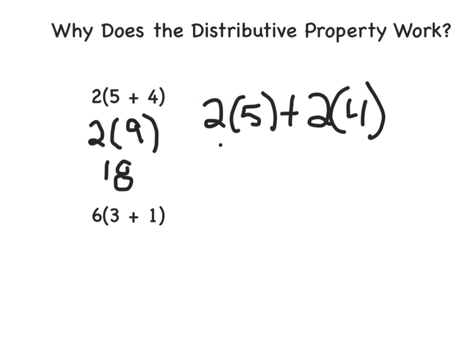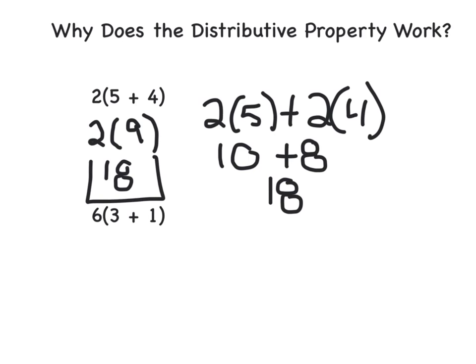So 2 times 5 gives me 10. And then 2 times 4 gives me 8. And then if I do 10 plus 8, I get 18. It gives me the same answer. They both were 18.